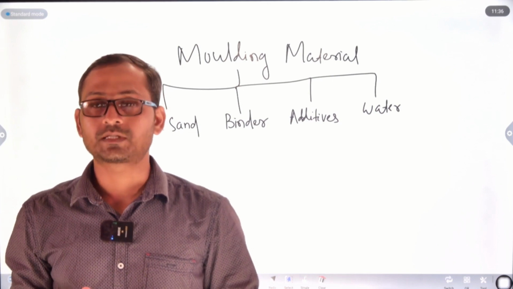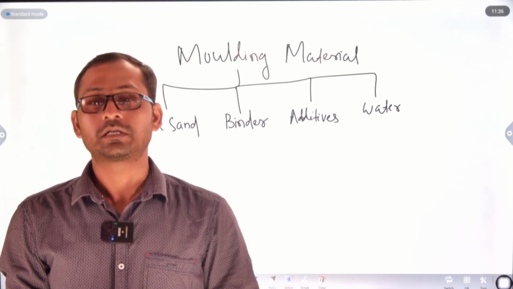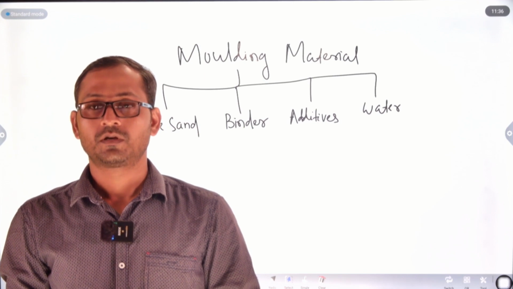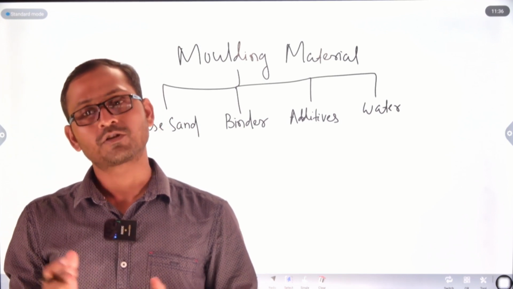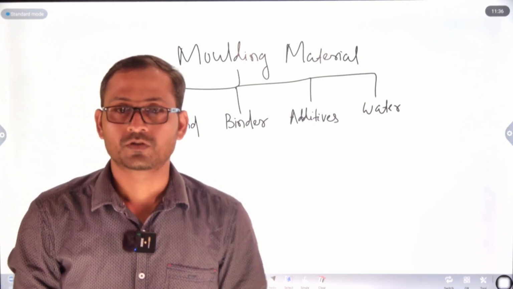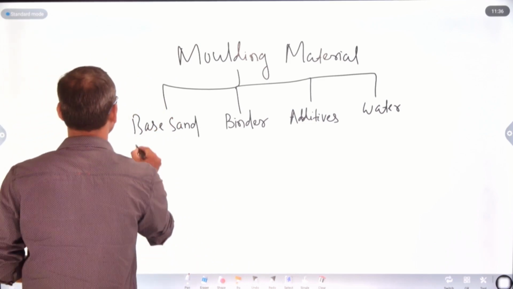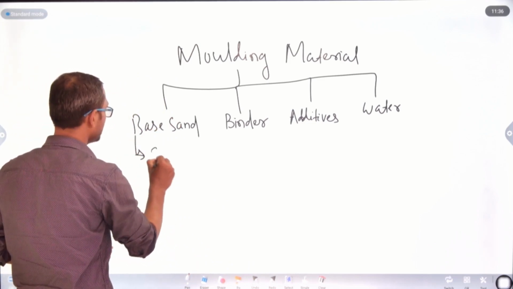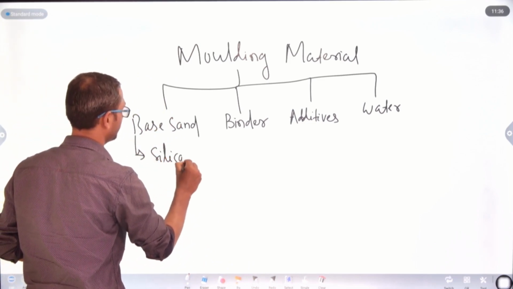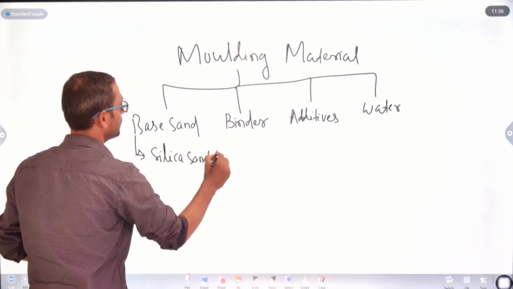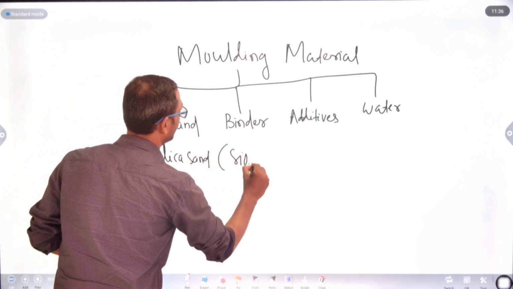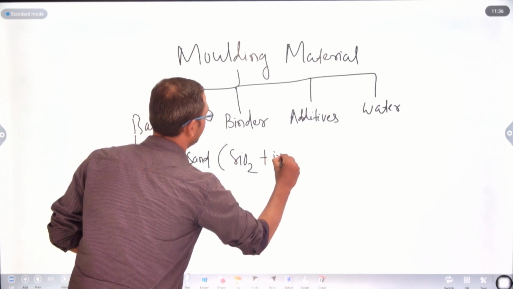Base sand is basically your silica sand. Sometimes you can choose zircon. So I'll write here: base sand, silica sand. This is SiO2 plus some impurities.